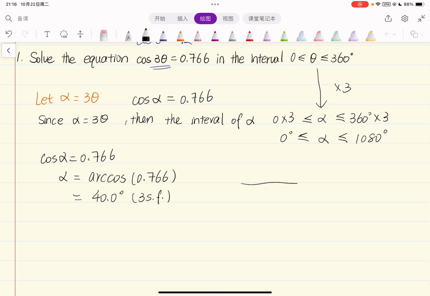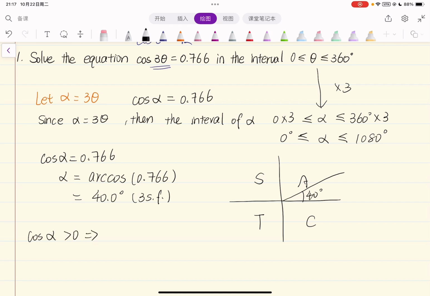So here is a CAST diagram. We have 40 degrees over here. We know that cosine alpha is positive, which means alpha is in the first and the fourth quadrant. So we have another angle 40 degrees in the fourth quadrant.